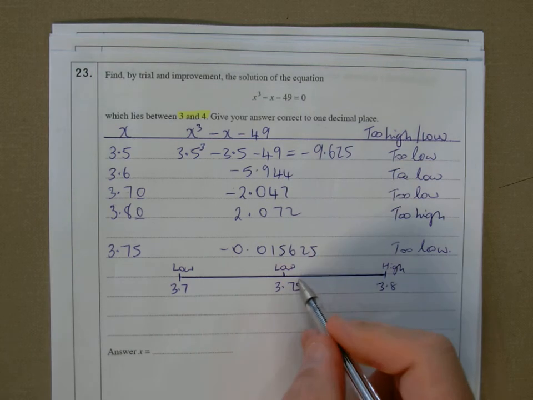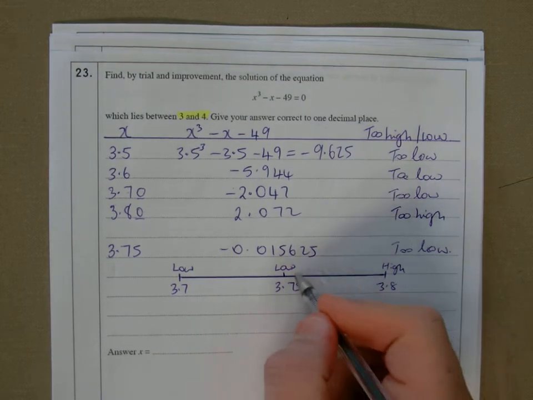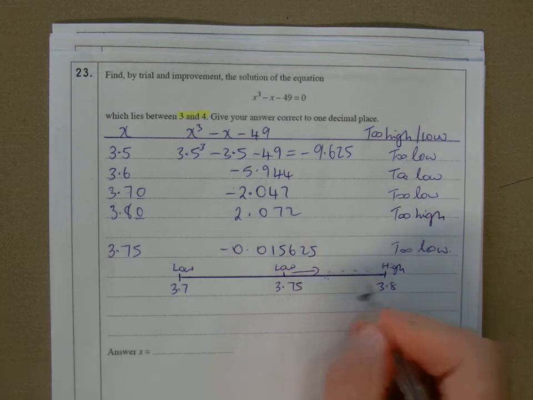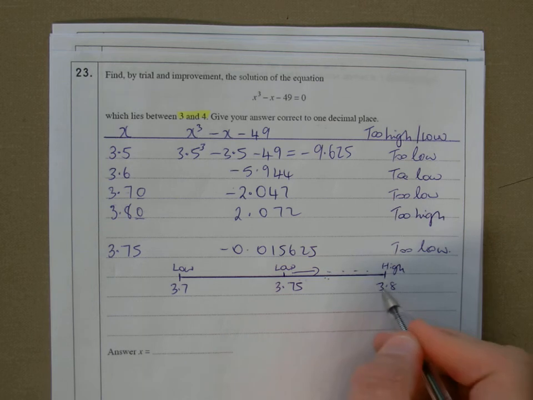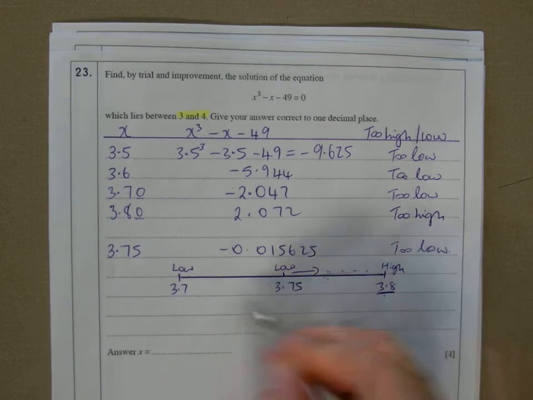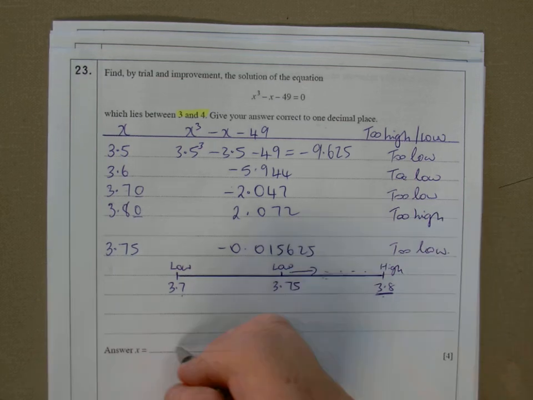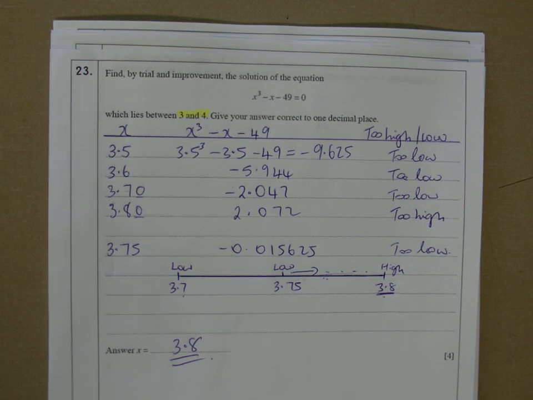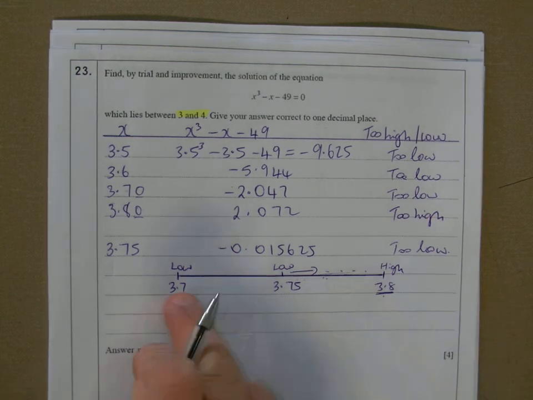Now, if 3.75 is too low, it needs to be a value which is higher than 3.75. And if it's higher than 3.75, it's clearly here somewhere, and it's going to be closer to 3.8. If it's here, it's closer to 3.8 than 3.7. So the answer is going to be 3.8 rounded to 1 decimal place. Closer to that than it is to that.